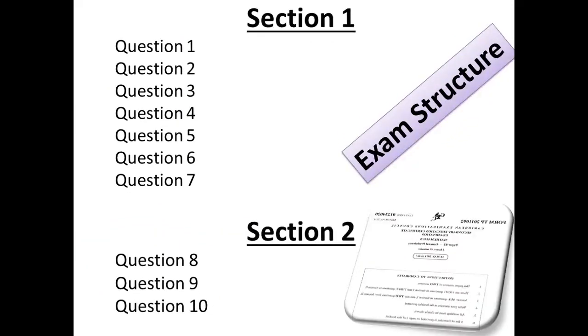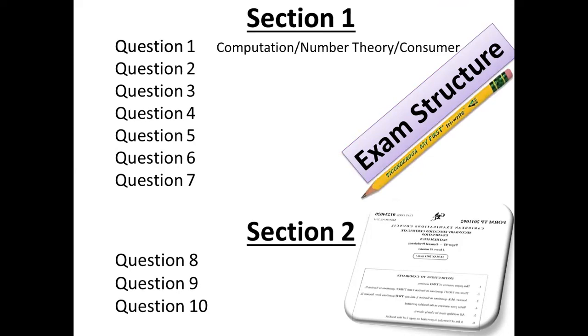The structure of the math exam is something that we all should understand, for those attempting or approaching the exam. Section 1 has 7 questions, section 2 has 3. For all the exam papers since 2018, when the syllabus was revised, the questions come in this order.